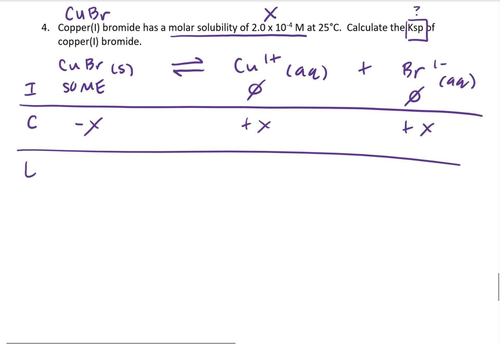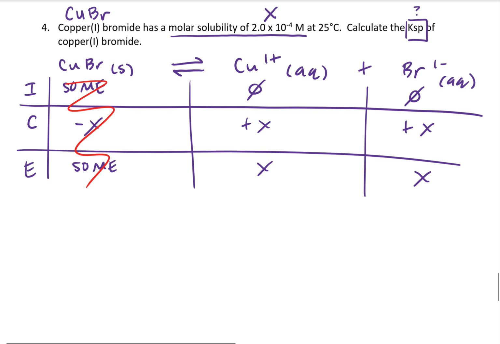Okay, so I know that this is going to be my ice chart for Ksp problems. We really don't care about the reactant because it is a solid, so if you want to omit that part, you may. And in the very end, at equilibrium, copper ion is X, bromide ion is also X.